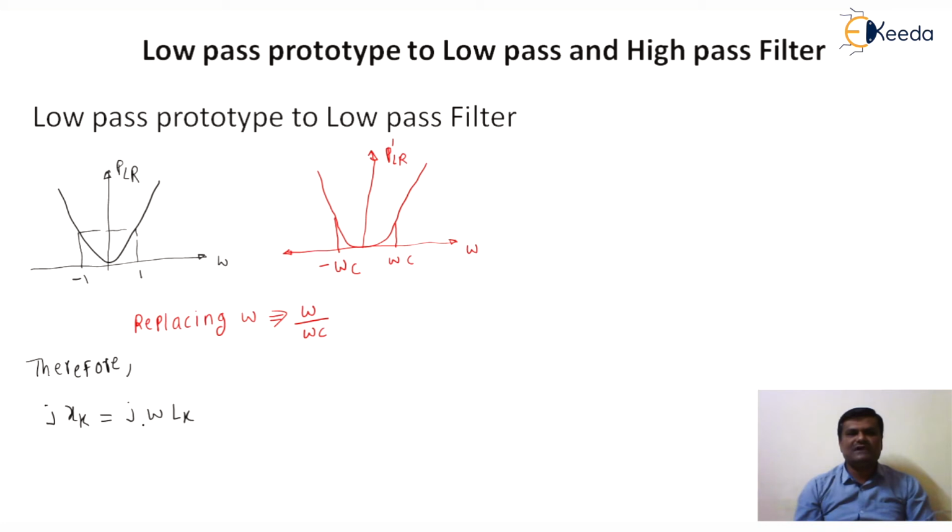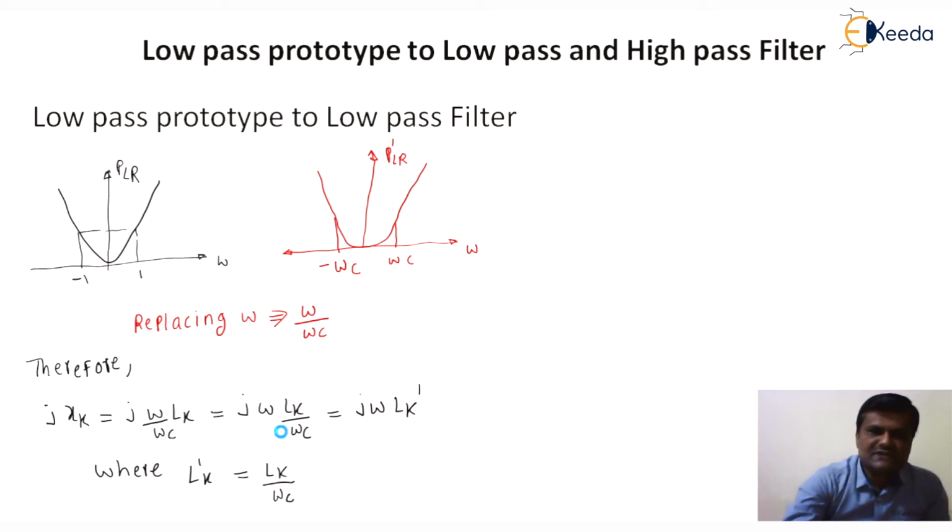Replacing omega by omega upon omega c, the equation becomes j omega Lk by omega c, that is j omega Lk dash, where Lk dash equals Lk by omega c.